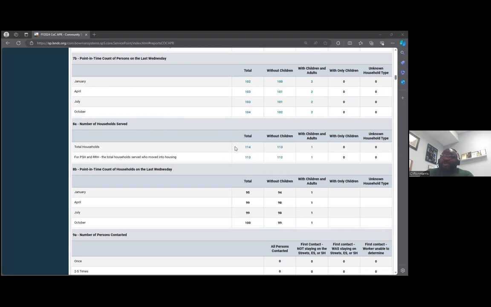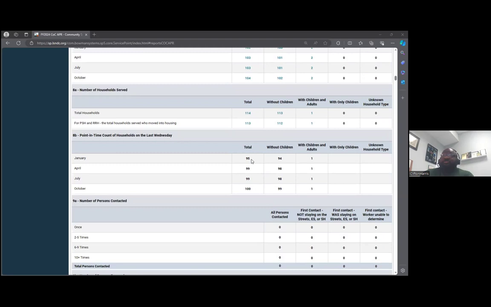So we have less households than people because we had a few kids and everything in there. So we had 114 households total and 113 that moved into housing. So we have one person that hasn't moved in yet, which could be the case depending on the day you're running a report.